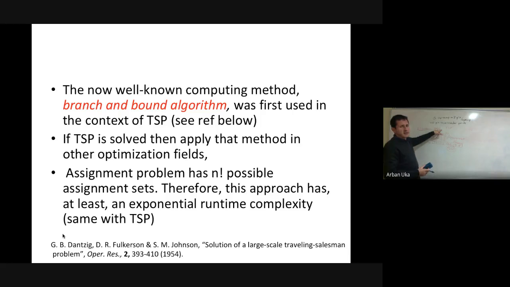The traveling salesman problem can never be solved, at least until now, in polynomial time, but the assignment problem is solved, because the complexity to solve it has been brought down to n cubed for a few years. Then, after further optimization, they brought this down to n squared, okay?